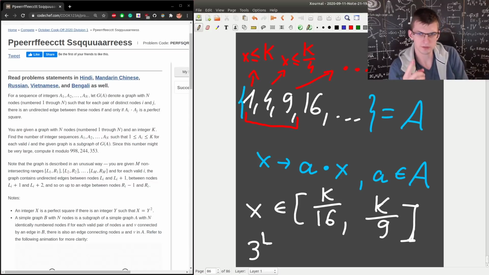In each of them I choose every number will be x, or x times 4, or x times 9. Why is this incorrect? Because maybe this is also counted as multiples of some bigger x.